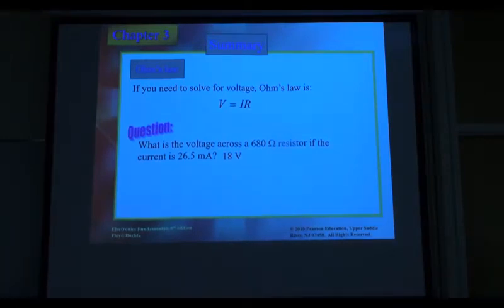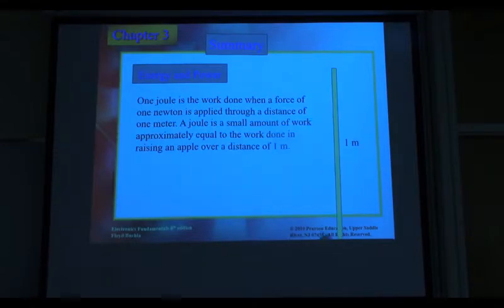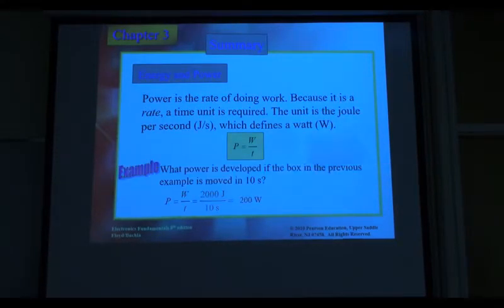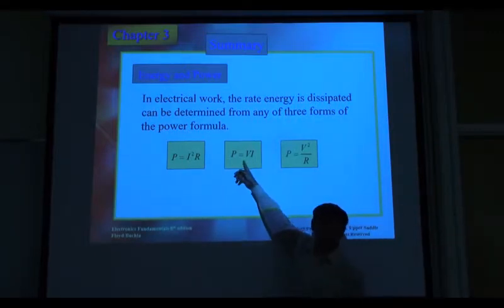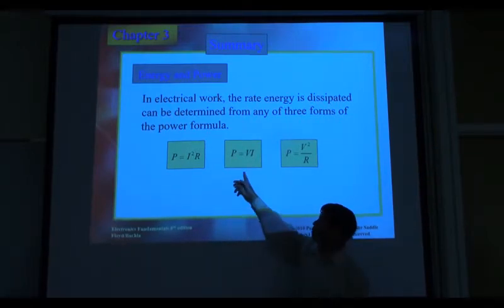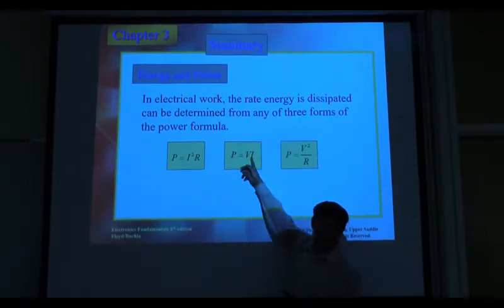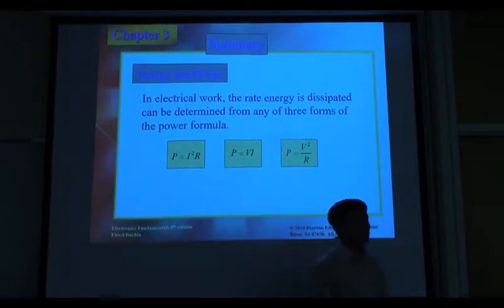The voltage equals the current times resistance, and this is used to replace this V. So V equals I times R. Now we have I times R, then times another I. That's why we get I squared.